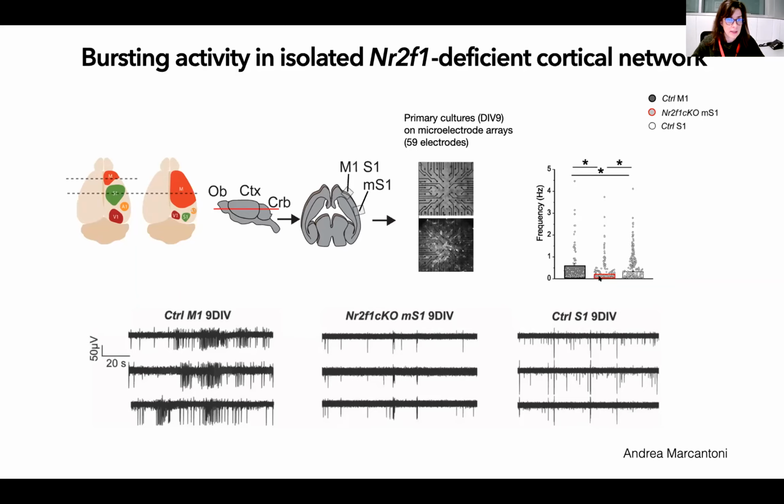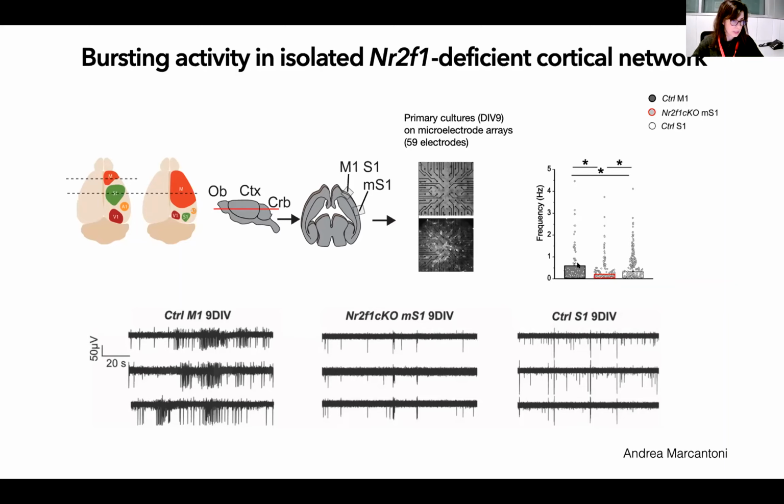Still, even though the difference between motor and somatosensory was significant, the cultures containing neurons that lack NR2F1 were the ones displaying the lowest frequency in this setting.